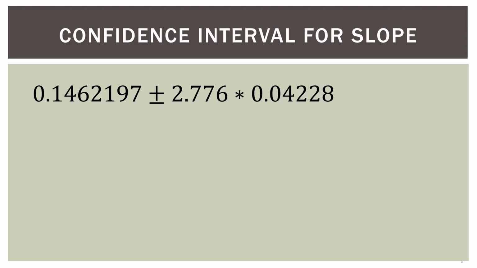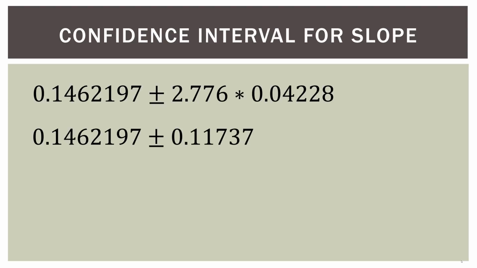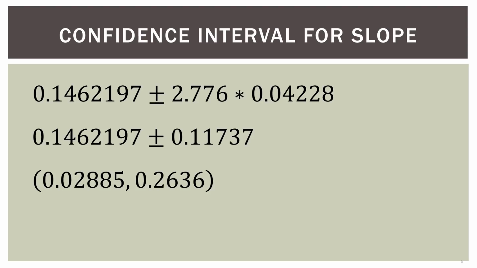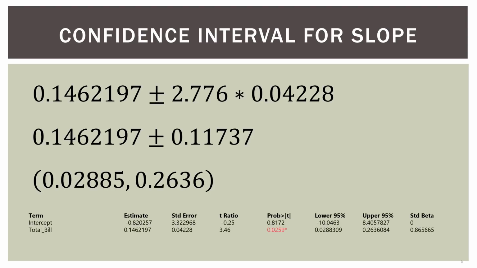So put everything in, do the multiplication on the right, then we can do the plus and the minus, the addition and subtraction, and now we have our confidence interval for the slope. If you look over here on the right-hand side, again, from the output, we can see that the lower 95% confidence interval in the output is 0.0288309. Over here on the left, we have 0.02885, and that's simply because of rounding, but they're the same thing.